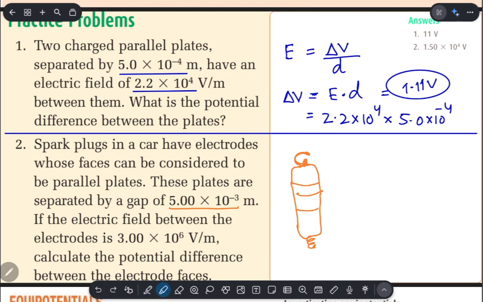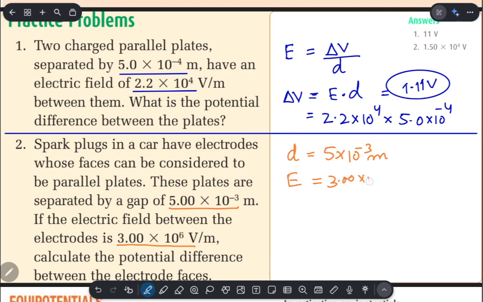My drawing is not that good, but this gap is 5 millimeters. So this distance is 5 times 10 to the power minus 3 meter. And if the electric field between them is 3.00 times 10 to the power 6 volts per meter, then calculate the potential difference. Again, you have to calculate the potential difference.